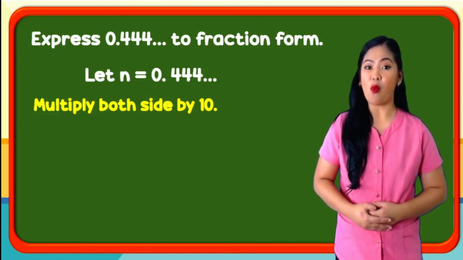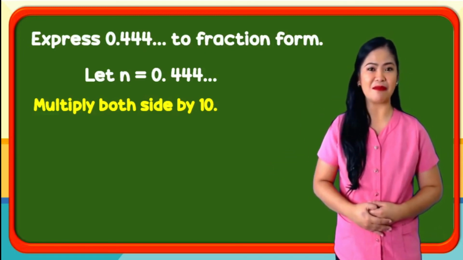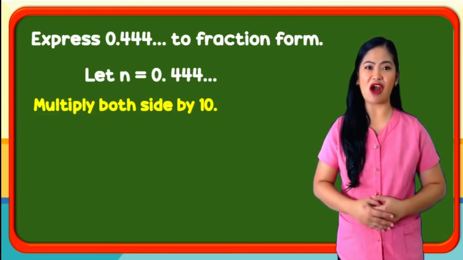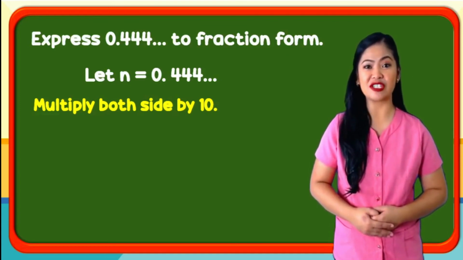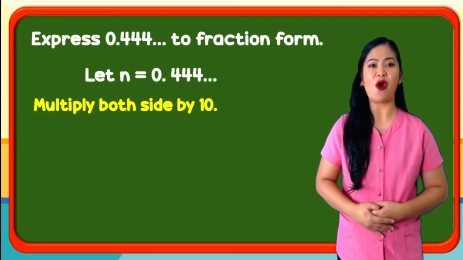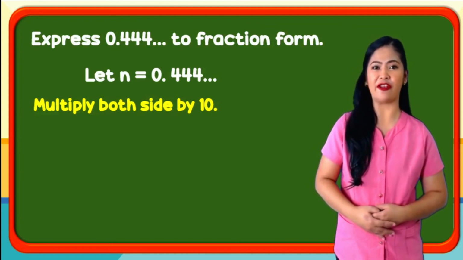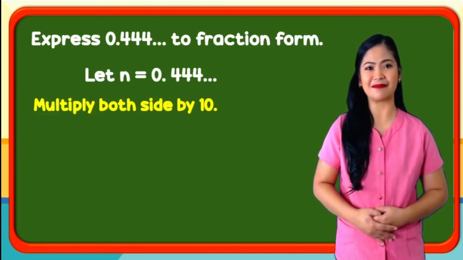As long as what you multiply to the left side of the equation will also be multiplied to the right side of the equation, it will be okay. But it will just result in a larger number, and it will be hard to simplify or get the lowest term later on. So, we use 10 to make it result in smaller numbers.